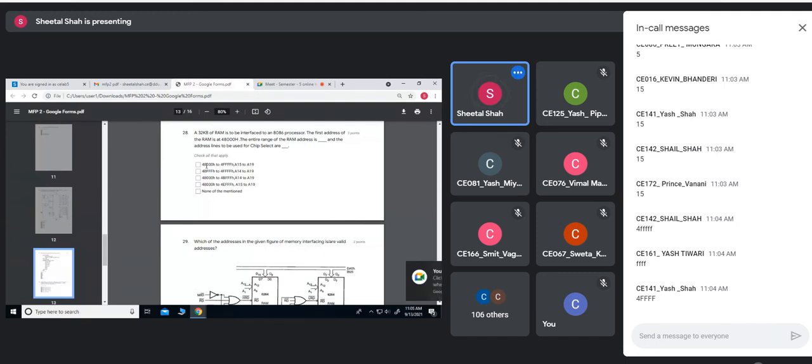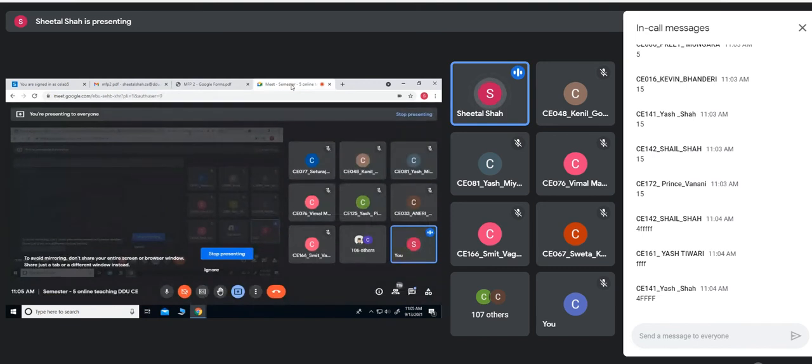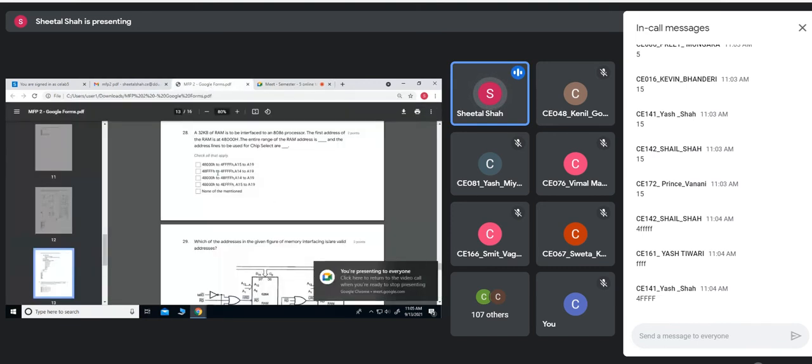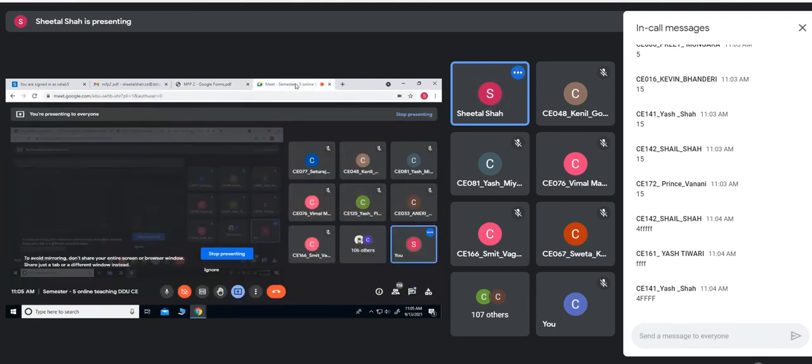So 15 bits have been used, which means A0 to A14 would be used to address each memory location of this 32 KB RAM, whereas the remaining address lines, A15 to A19, can be used as chip select lines. Is this thing clear, everyone?